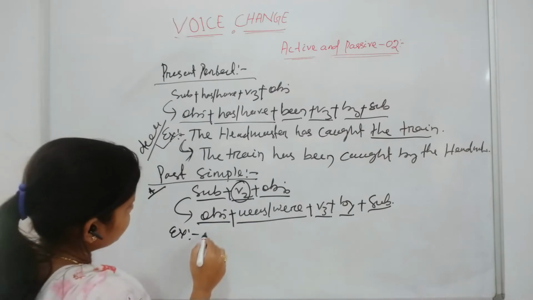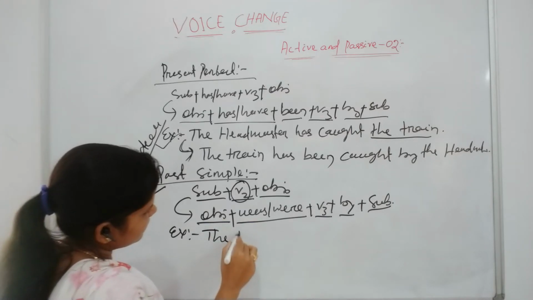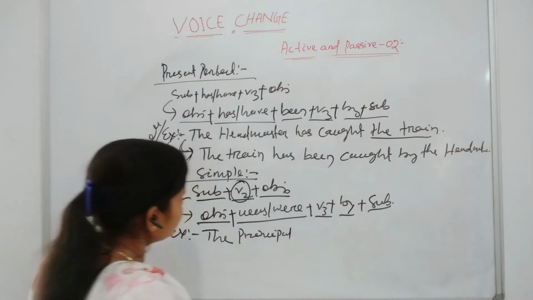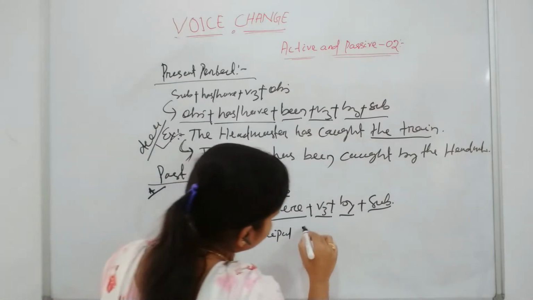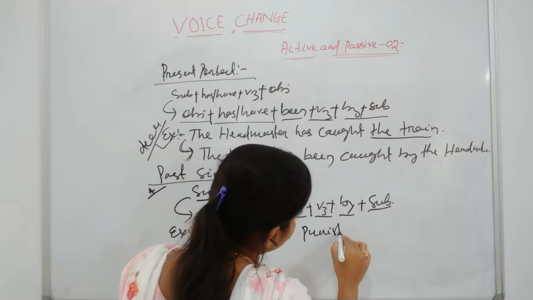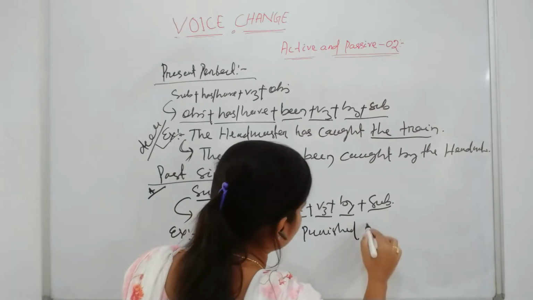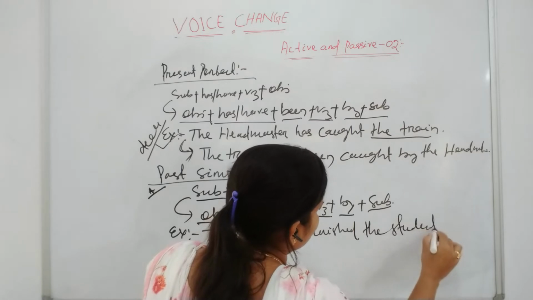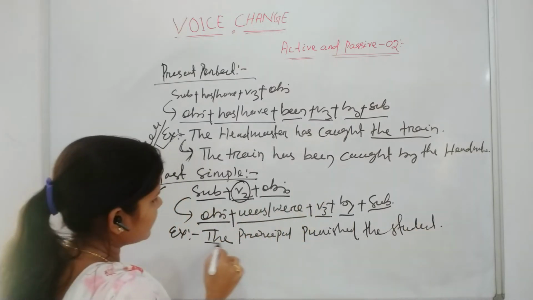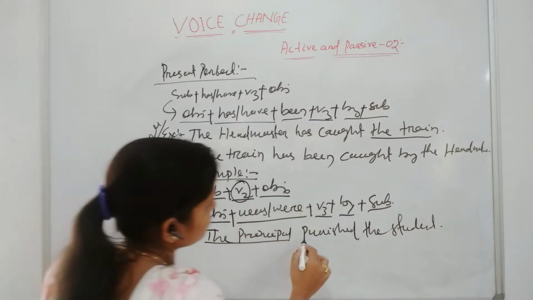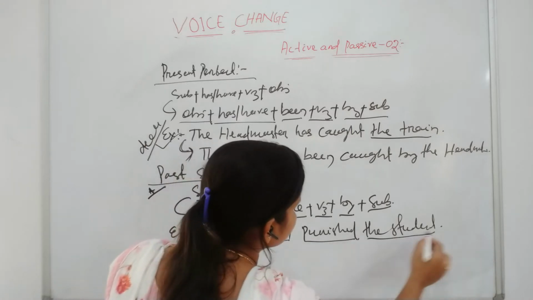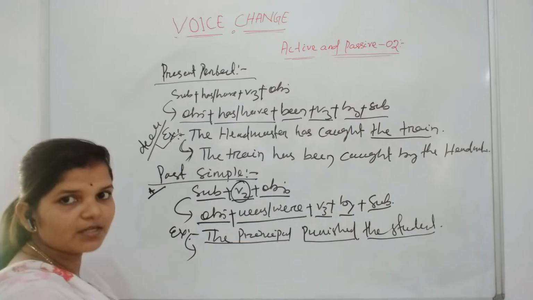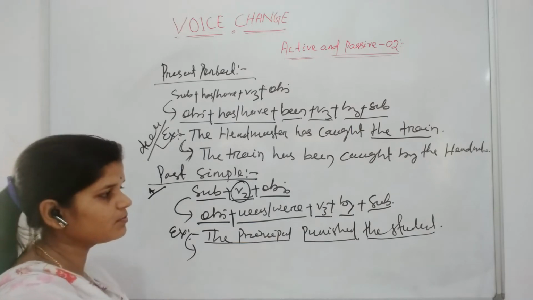Example: the principal punished the student. In this sentence, the principal is the subject, punished is the V2, and the student is the object. When we convert active to passive, the object becomes the subject and the subject becomes the object.